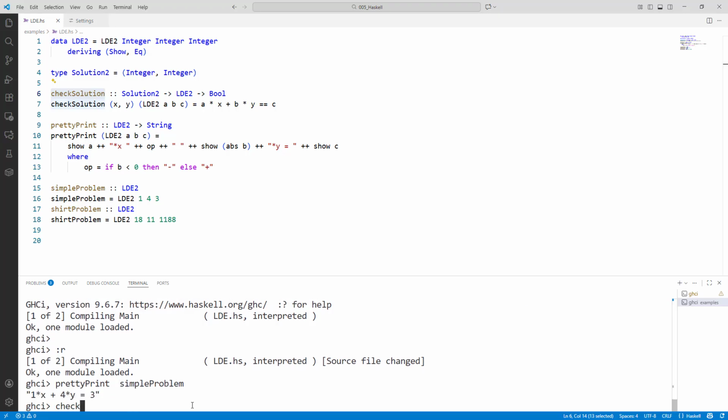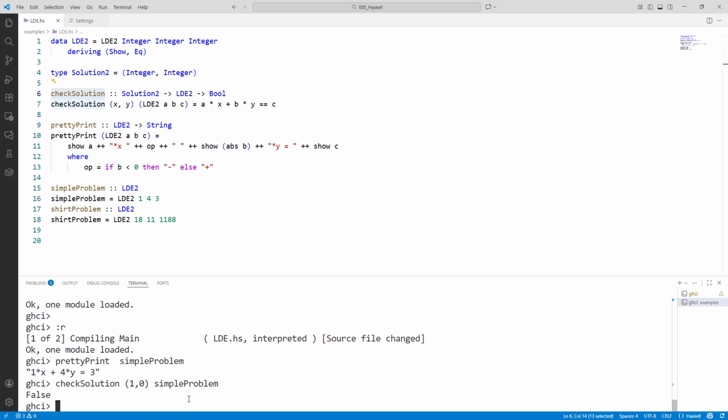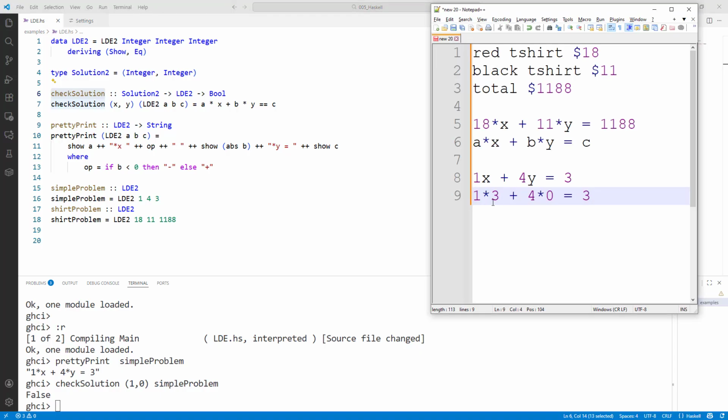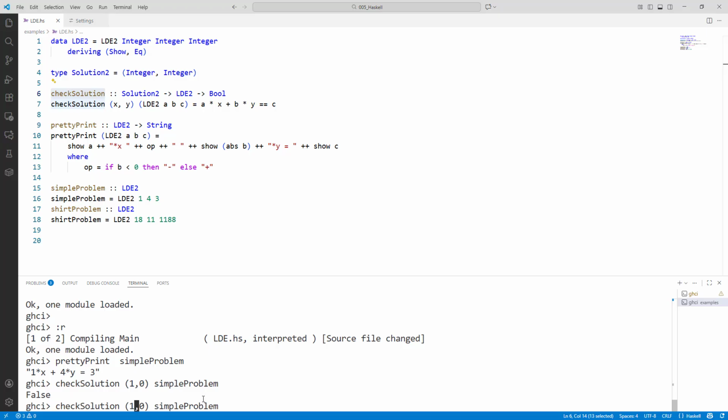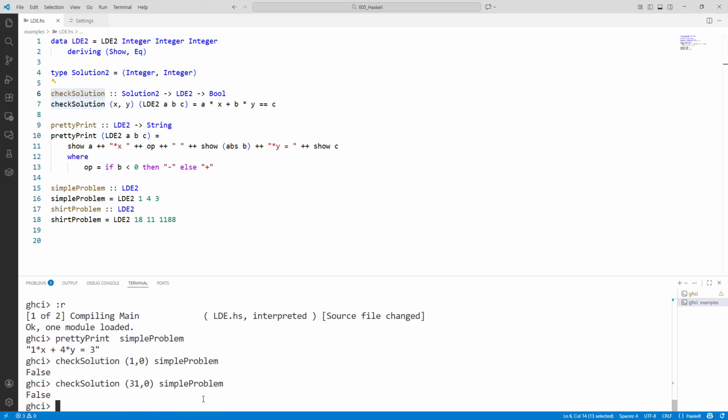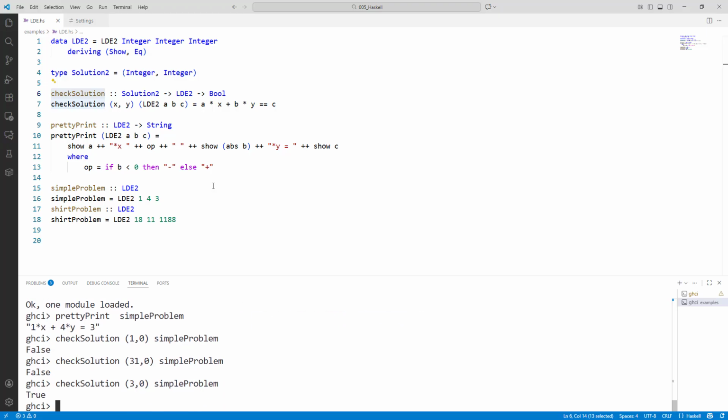And then to check it, checkSolution, whether it would be working. No, it wasn't like this, so it was 3 and 0. Yeah, set 3, and this is how it worked.